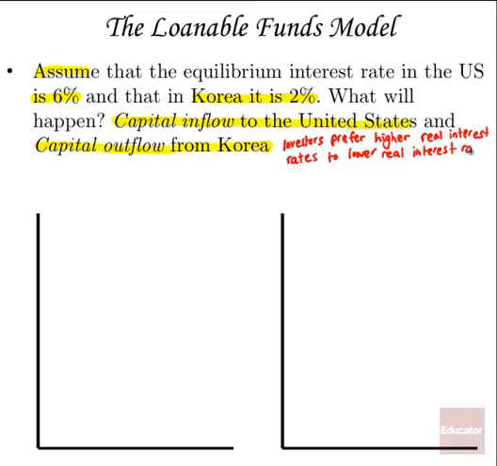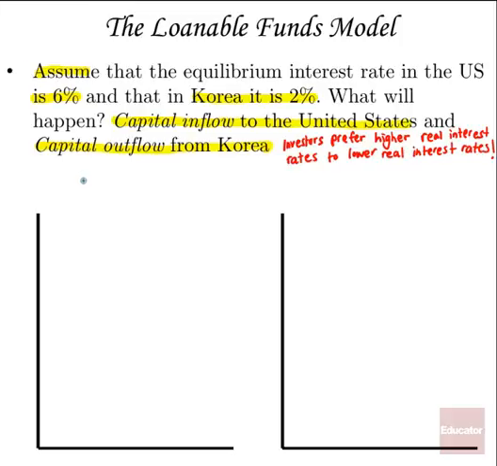Now, notice I didn't say nominal, because you could get 10% nominal interest rate in one country and you can get 4% nominal, but if there's 1% inflation in the 4% country and there's 30% inflation in the 10% country, then the real interest rate that you're going to get is much better, even though the nominal is lower. So let's assume that this is the equilibrium real interest rate.